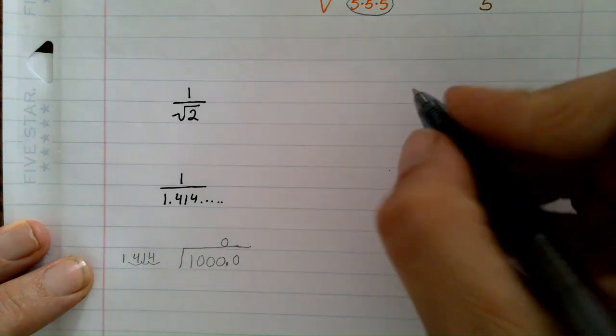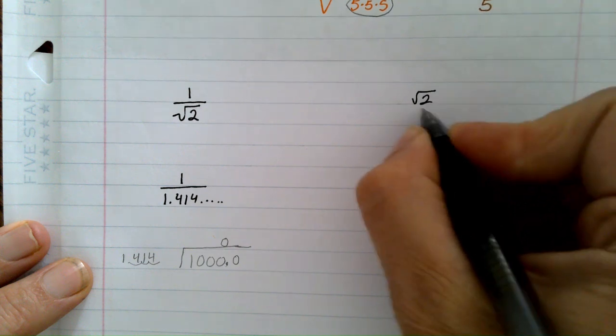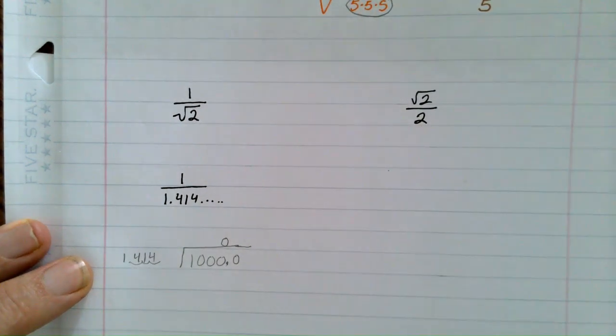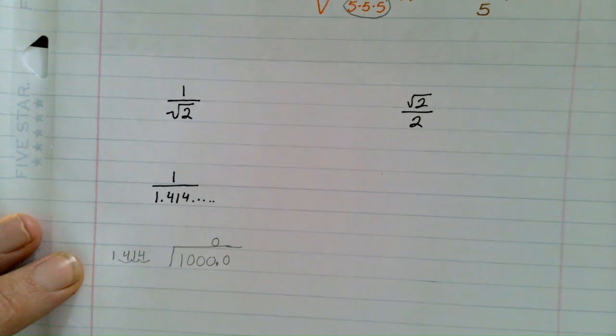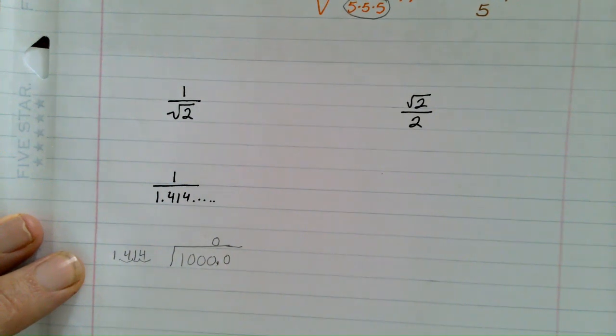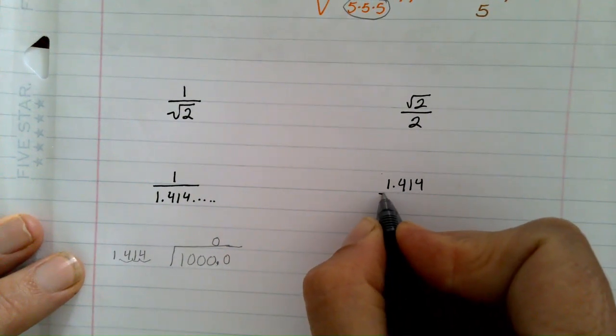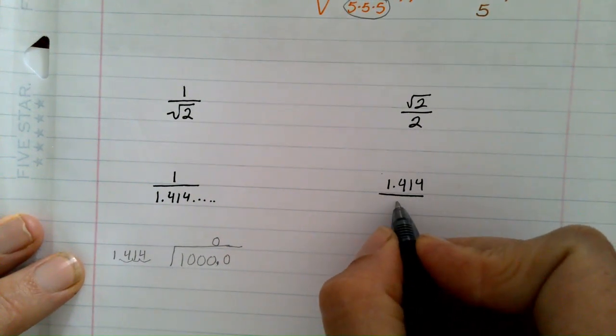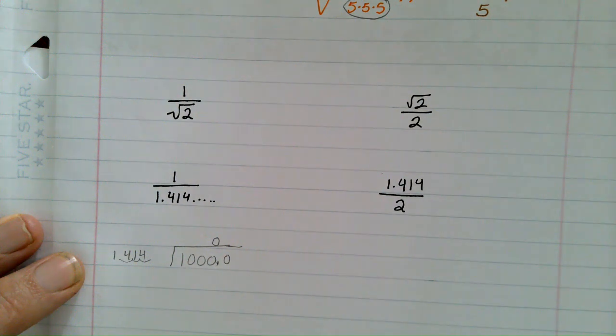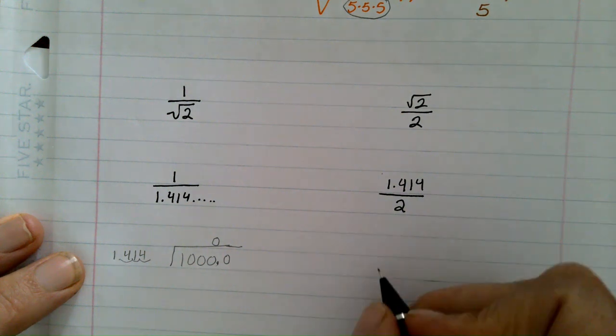Okay. What about this problem? Okay, the square root of 2 is 1.41, so this would be 1.414 divided by 2. Well, hey, I can do that pretty quickly because 14 cut in half is 7, right?